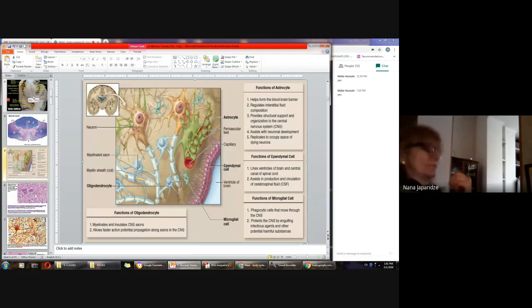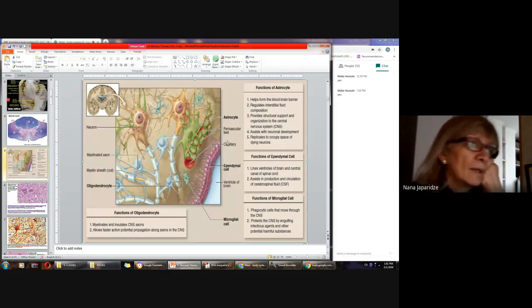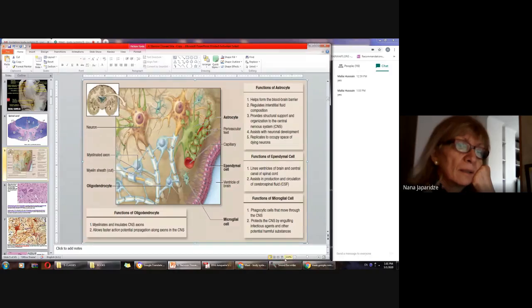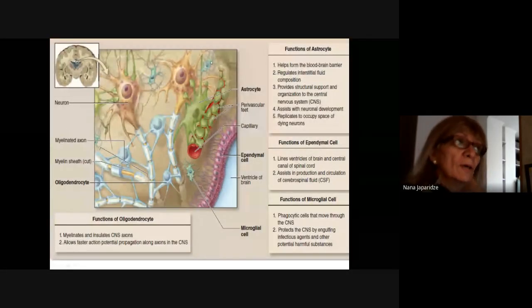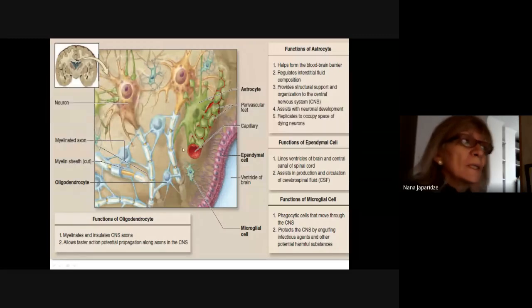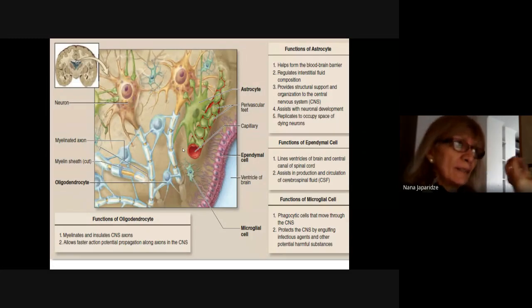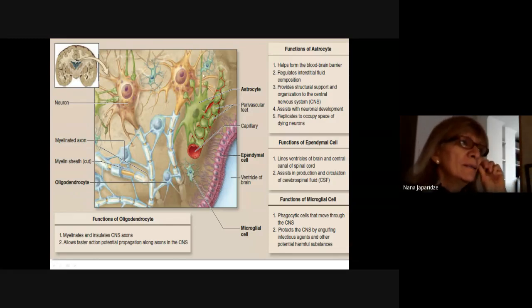So you see here a schematic image of the central nervous system, gray matter, and you see here neurons.